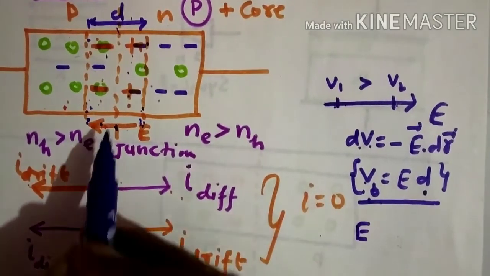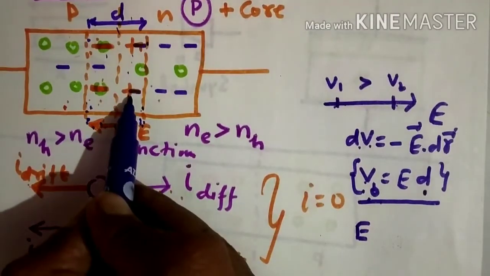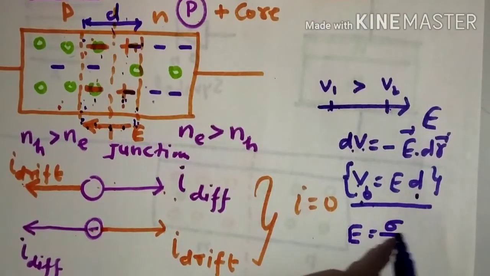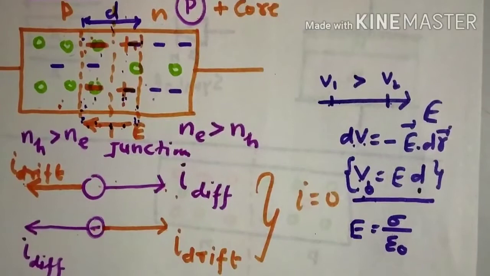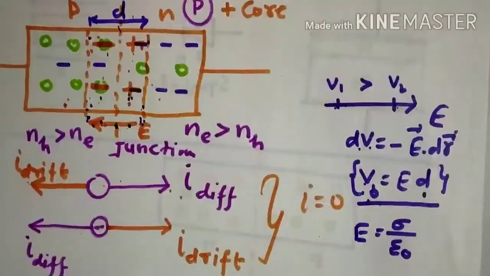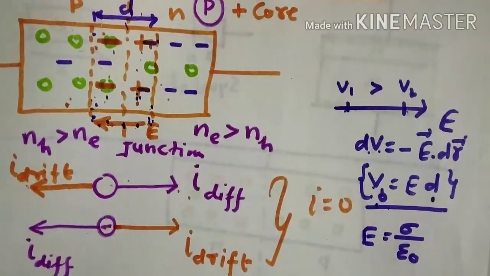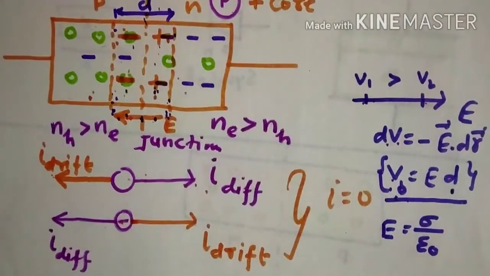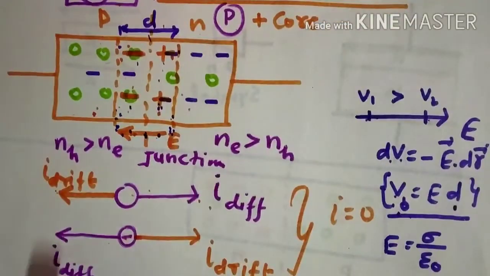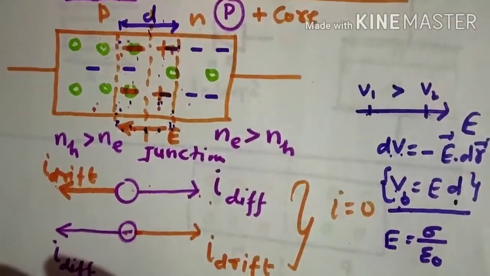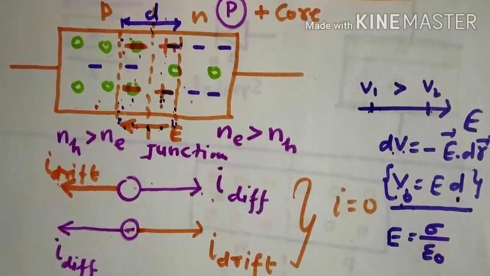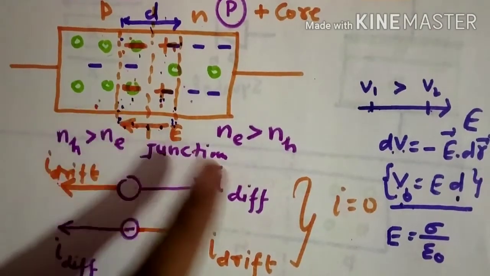The value of the electric field developed because of the accumulation of these immobile charges is written as sigma upon epsilon naught, where sigma is the surface charge density in this region and in this region. So overall, when a PN junction diode is formed, instantly a depletion layer is developed and a barrier potential is developed. And now in the diode, the net current is zero.